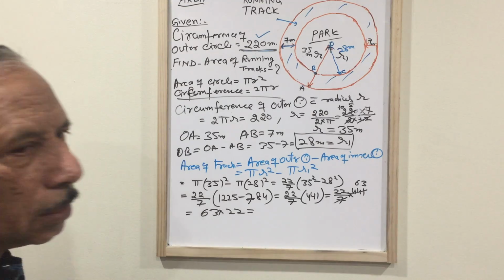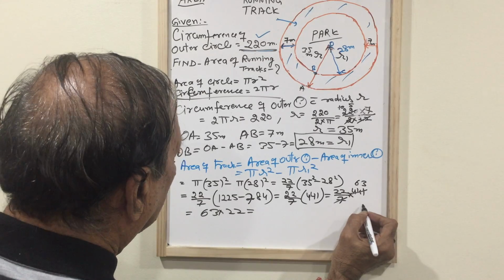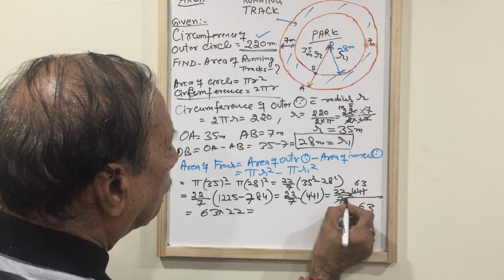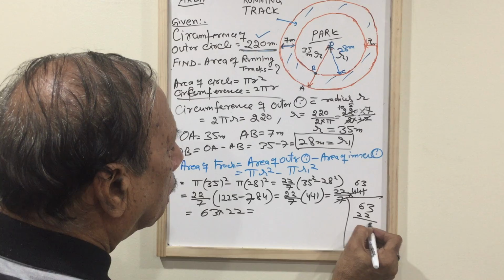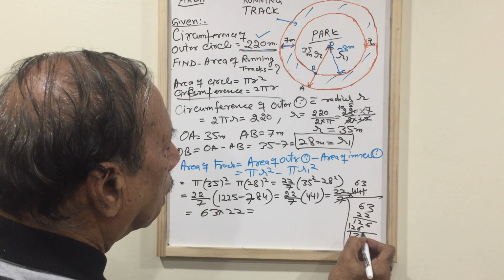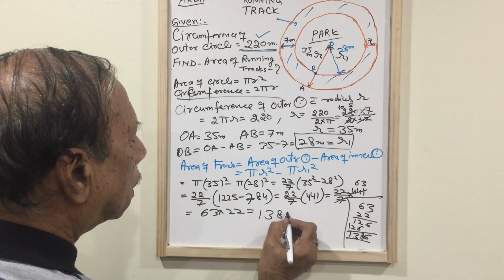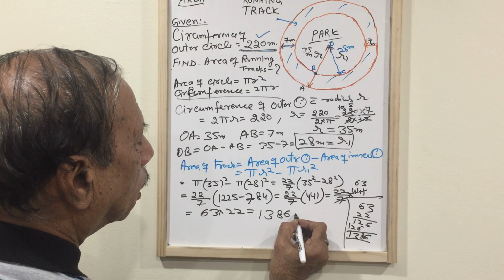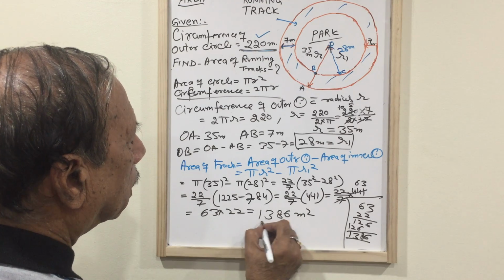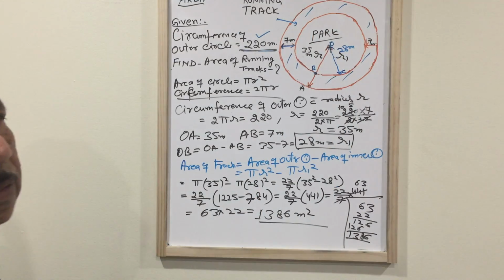We'll multiply this and we'll get the value, which is 1386 meters square, the area of the track.